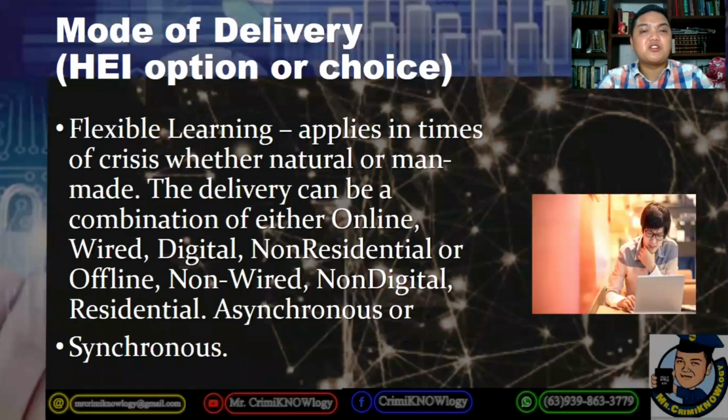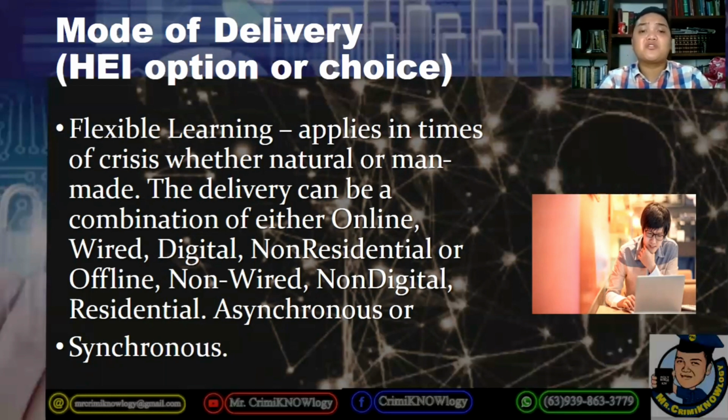And we'll also be exploring now the mode of delivery, the HEIs or higher educational institutions, their option or choice on how to deliver. We will be using flexible learning, which applies in times of crisis like this. We have the pandemic, whether natural or man-made. The delivery can be a combination of either online, which is what we have now for you to have this video lesson, and wired digital, or non-residential, or offline, non-wired, non-digital, residential, synchronous or asynchronous.